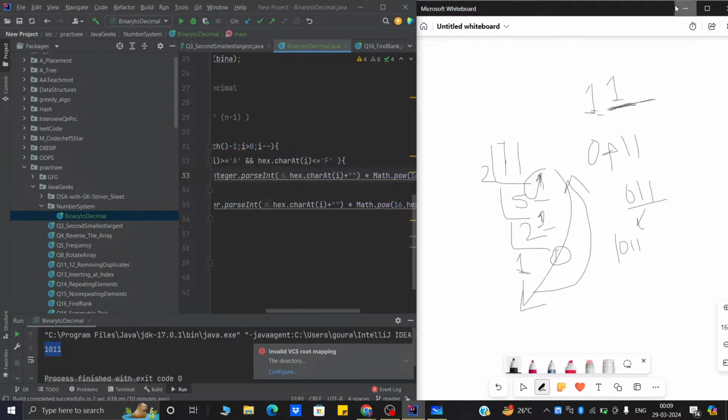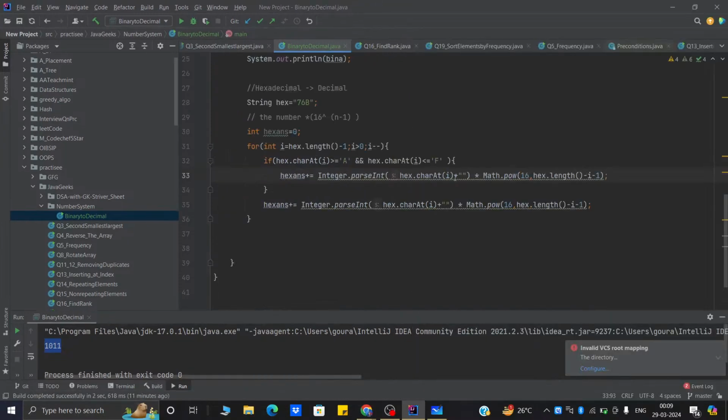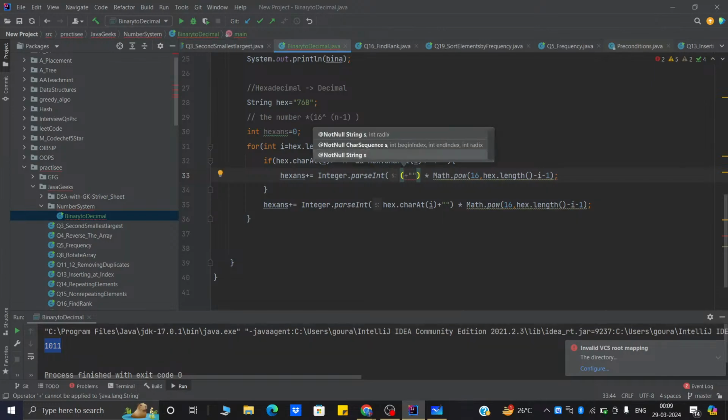So what we have to place is... Okay, so what is the value of A? 10. The value of A is 10. Okay, let's take it. Let's show some power.